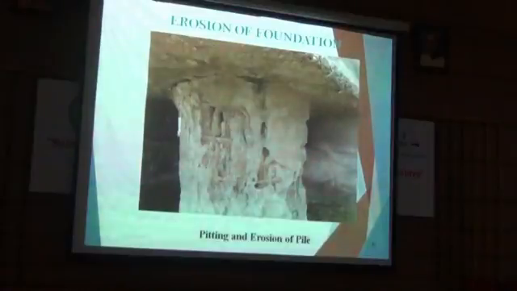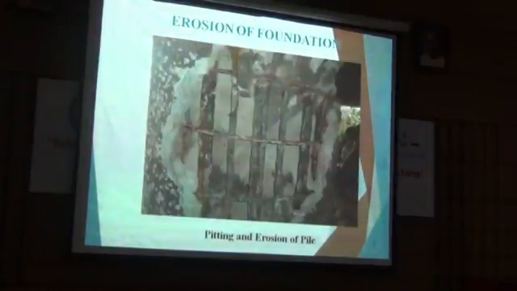You can see the state of the piles. This is still a good condition pile as compared to other piles. I can show you further how much damage has occurred and how the damage has occurred. Basically the river bed took a bowl kind of shape. Obviously in the bowl the velocity is increased.